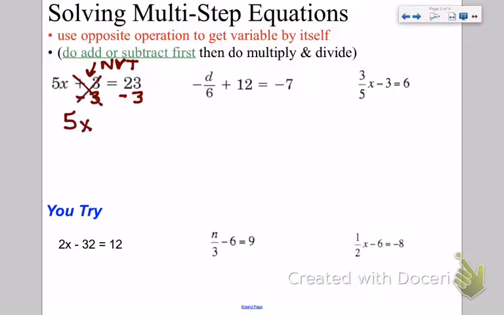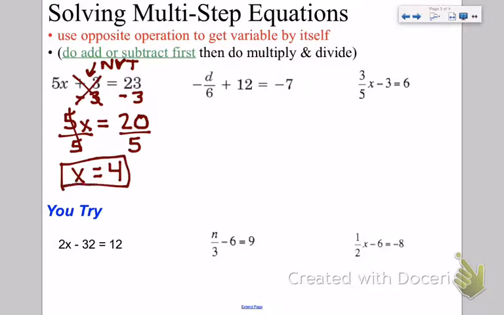So those terms can cancel, and we get 5x equals 23 minus 3, which is 20. 5 is being multiplied by x, so the opposite operation is division. The 5's will now cancel, and we get x equals 4 because 20 divided by 5 is 4.